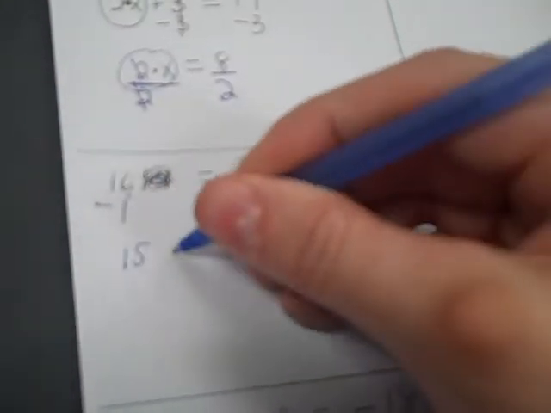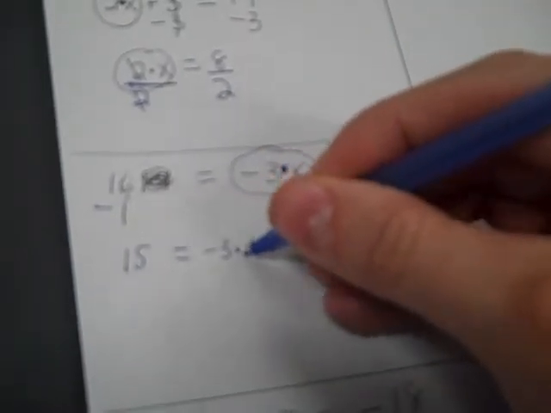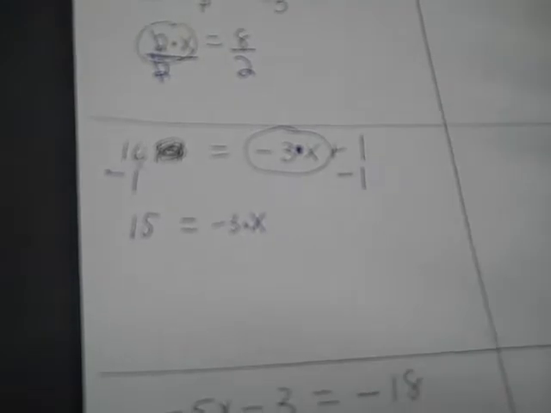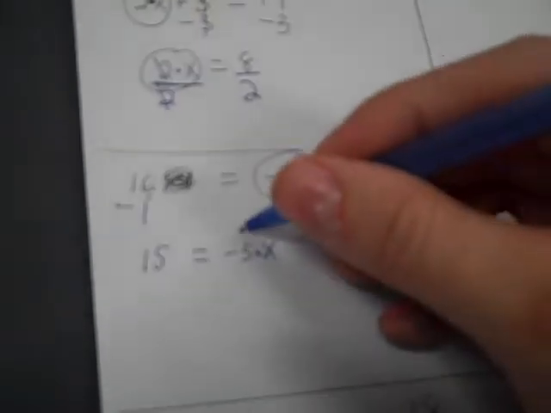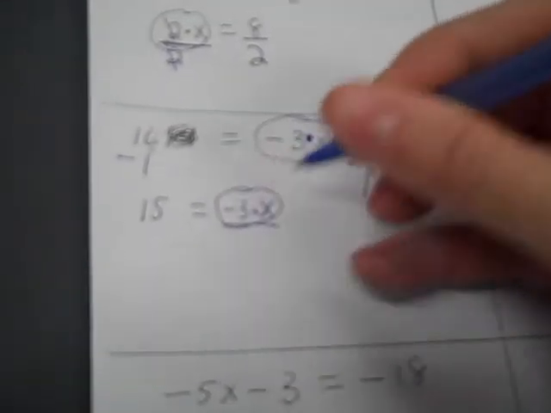So 16 minus 1 is 15 equals, and I still got negative 3 times x. Then 1 minus 1, 0. We can go ahead and get rid of that. So again, now I'm going to get rid of the multiplication operation. What I do is I make a line, because the opposite of multiplication is division.